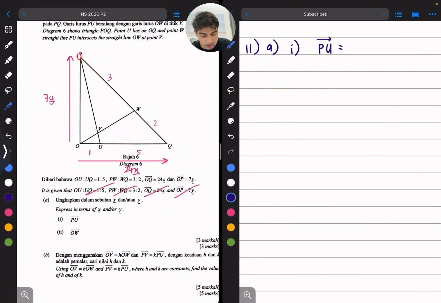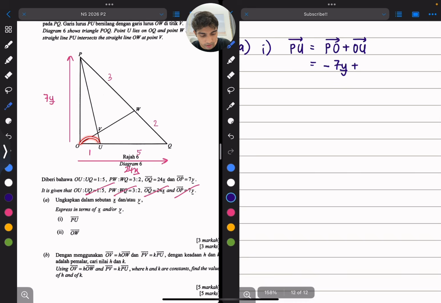Okay, so from P to go to U, we can do PO plus OU. So we already know OP. OP is 7y in this direction. So PO would be the opposite direction. So just add negative. So negative 7y. OU we don't have the vector, but we have the whole vector of OQ. And OU is a fraction of this vector.